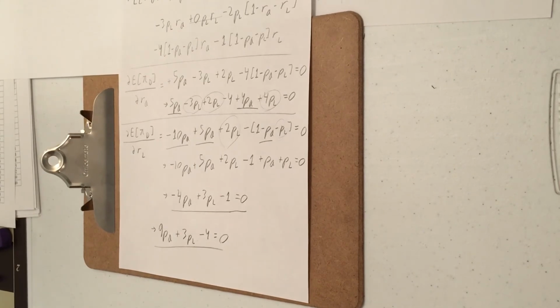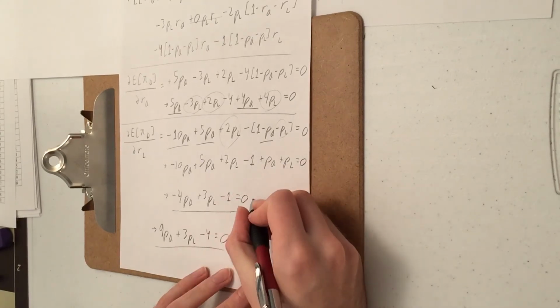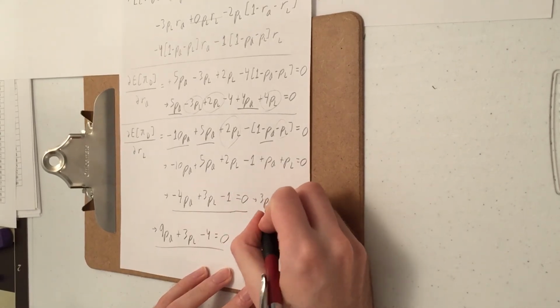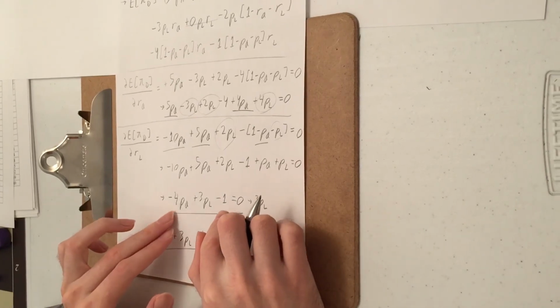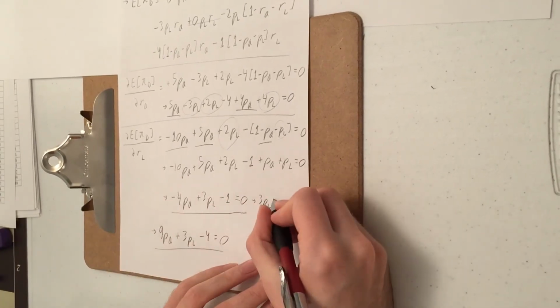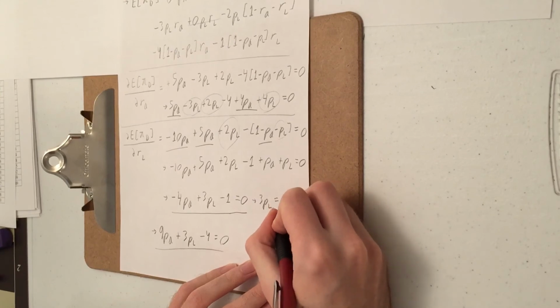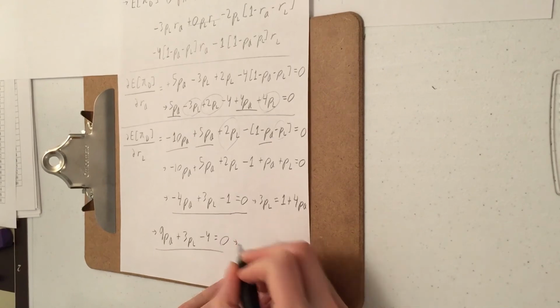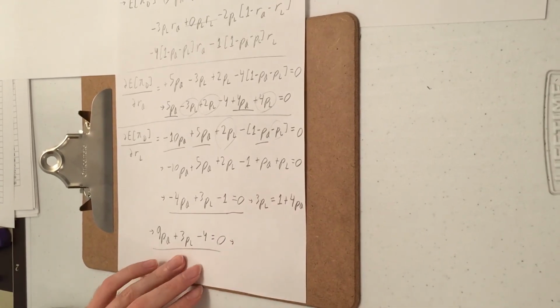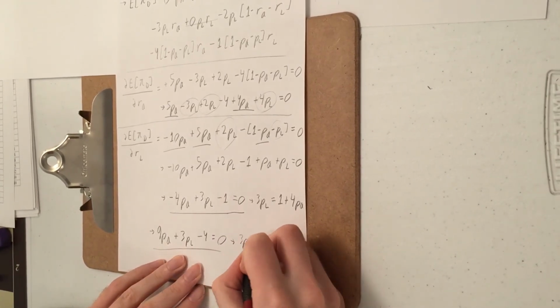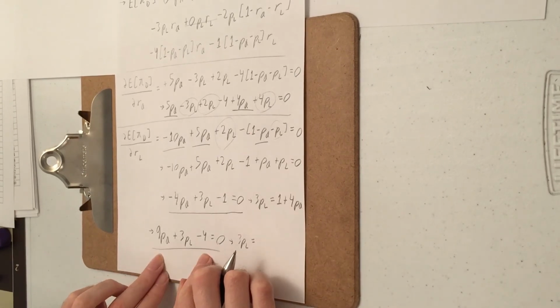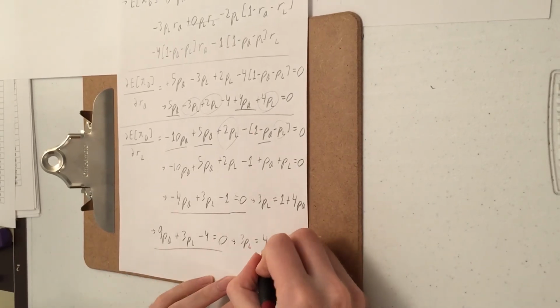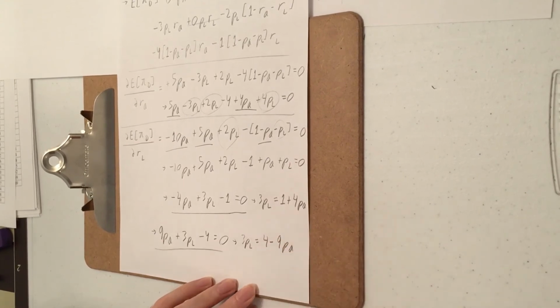How do I want to handle this one? I've got a 3 PL in both of these, so it'd be handy if I could sub that out. So over here, 3 PL, if I push these guys to the other side, is 1 plus 4 PA. Same thing over here, 3 PL. I'll push these two to the other side. That'll be 4 minus 9 PA.